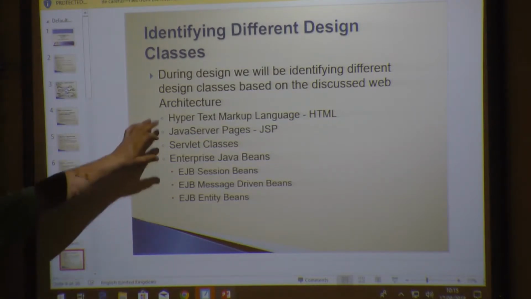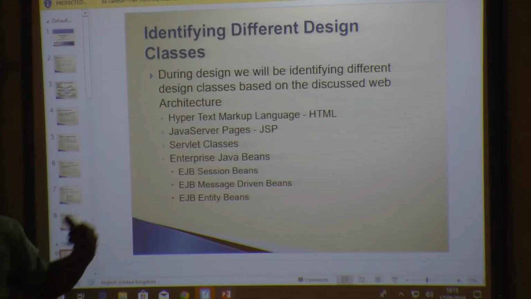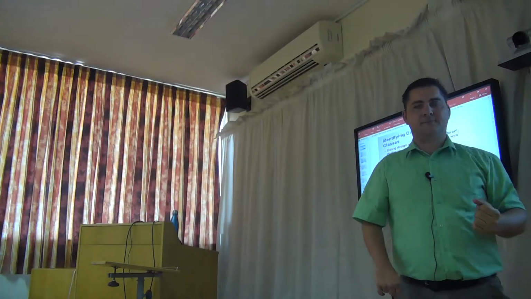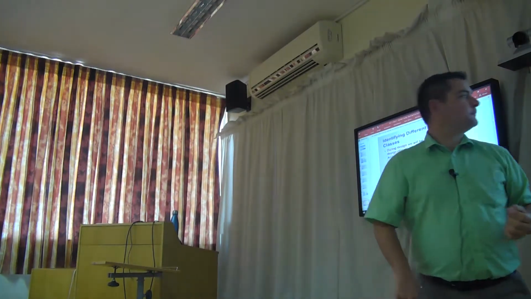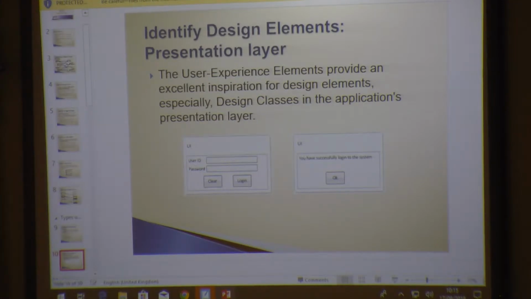Okay, so how do I know how many pages am I going to have for a specific boundary class? I might need to look at my user experience elements.